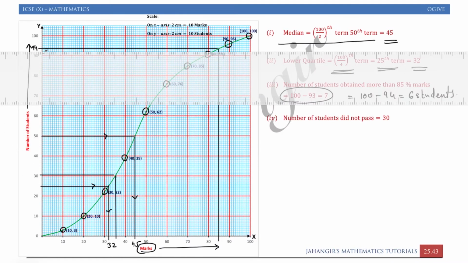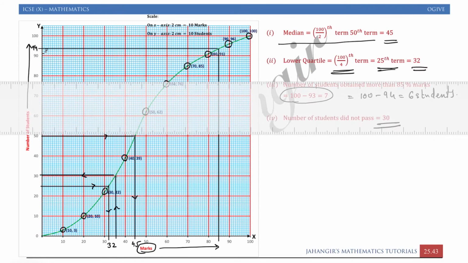So our reading is 30. So 30 students did not pass.